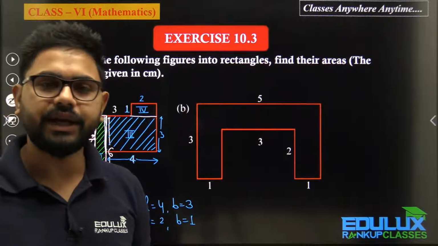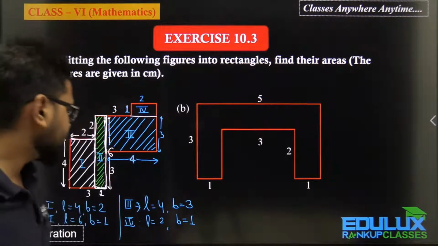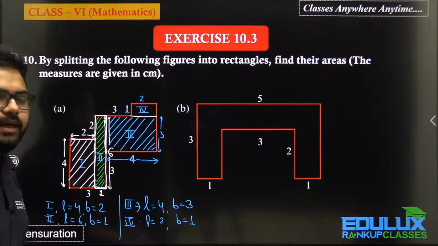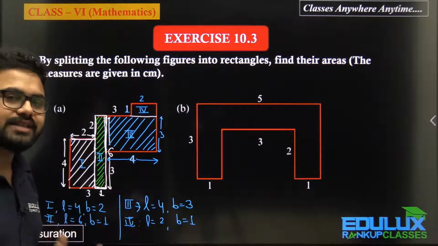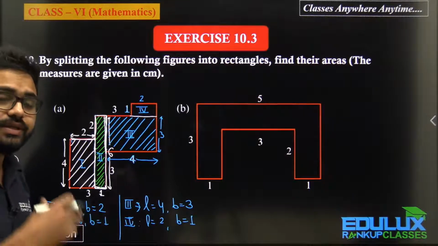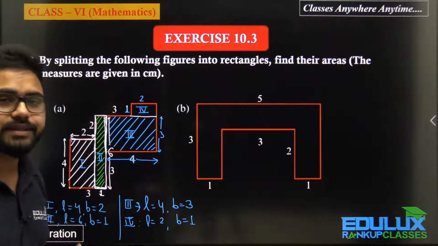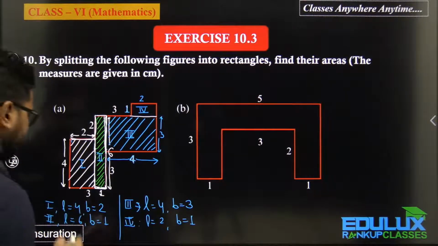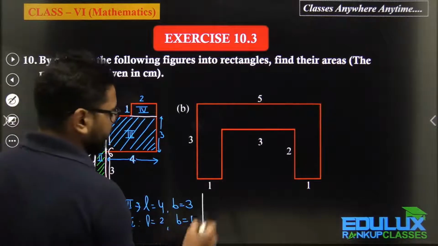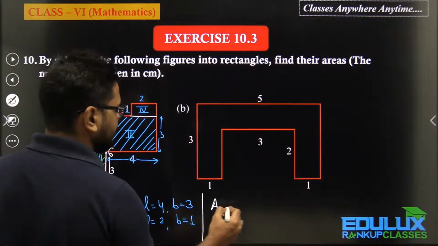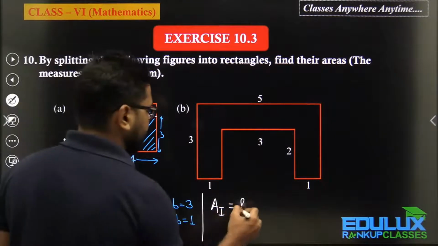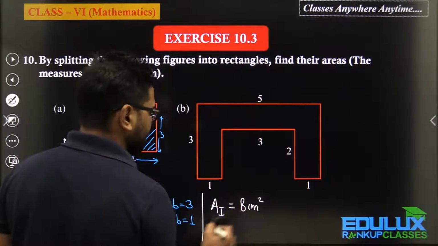Now we can find the area of all these rectangles. Okay, so how? You all know very well, to find the area of any rectangle we just need to multiply the lengths of adjacent sides, or you just say that length into breadth is known as the area of a rectangle. So area of first rectangle is equal to 4 times 2, that will be 8 centimeters square with the unit, है ना?